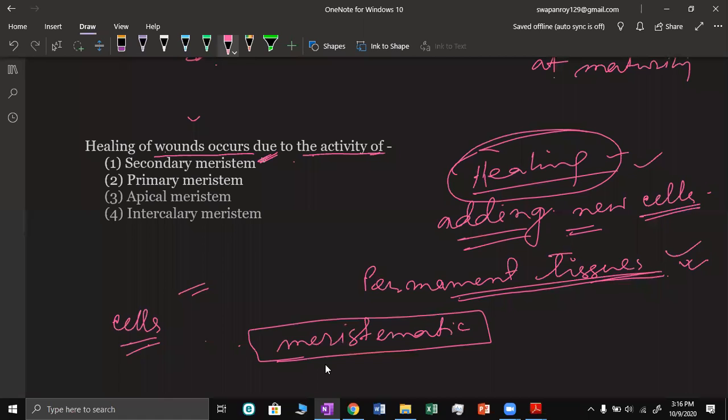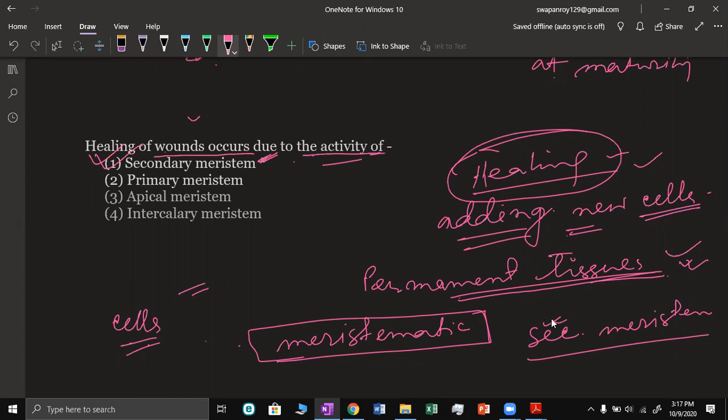So meristem is developing from permanent tissue, and the meristem which develops from permanent tissue is the secondary meristem. So healing of wounds takes place by secondary meristem. Once the healing is completed, those meristematic tissues again change into permanent tissue.